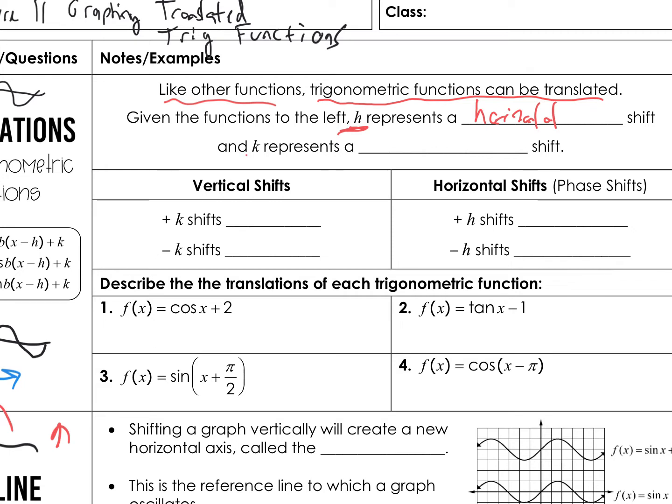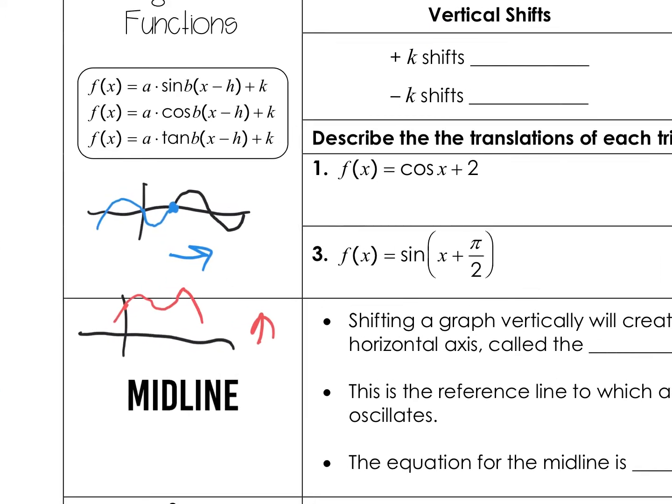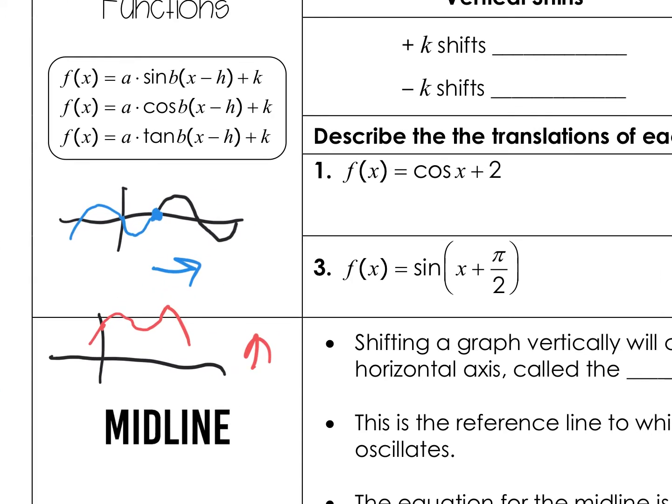And they're going to use K to represent a vertical shift. So we look at those three examples here. There's my sine curve, and there is a horizontal shift. There is a vertical shift.